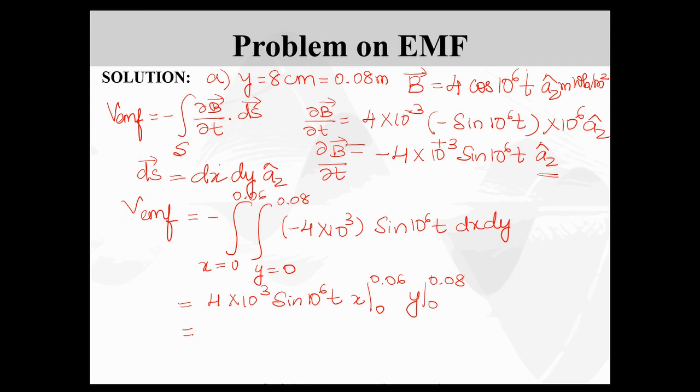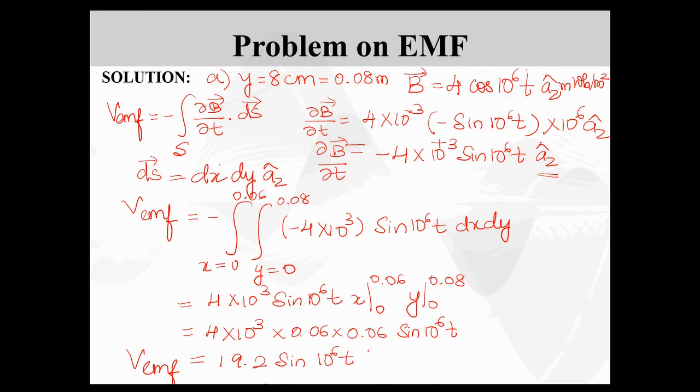So this gives us 4 into 10 raised to 3 into 0.06 into 0.08 sine 10 raised to 6 t. So this gives us a value V EMF is equal to 19.2 sine 10 power 6 t volts.